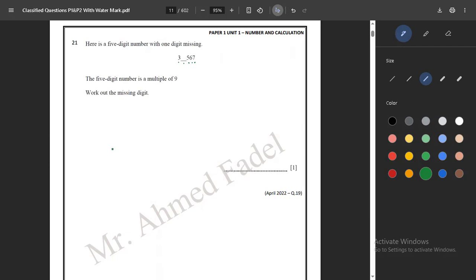So here, what is 7 plus 6? 13. 13 plus 5, 18. 18 plus 3, 21. All right, good. So if you add the 4 digits up that we have, they give you 21.